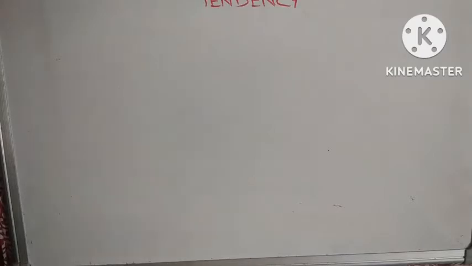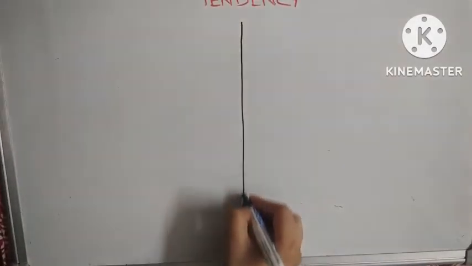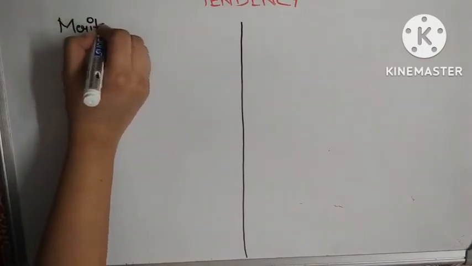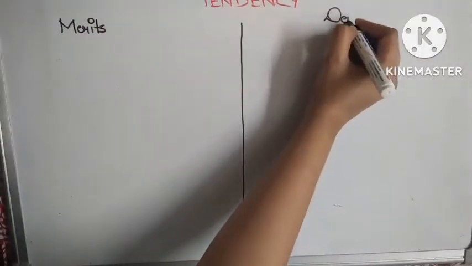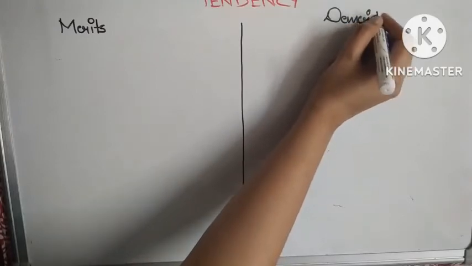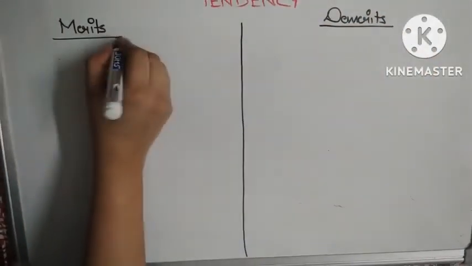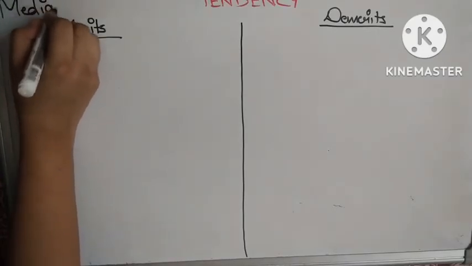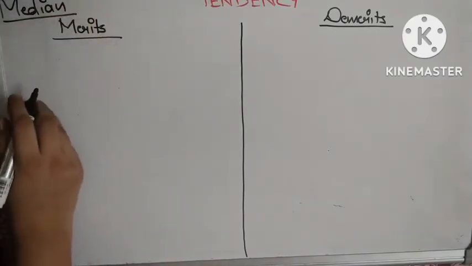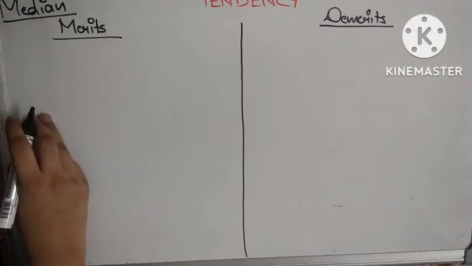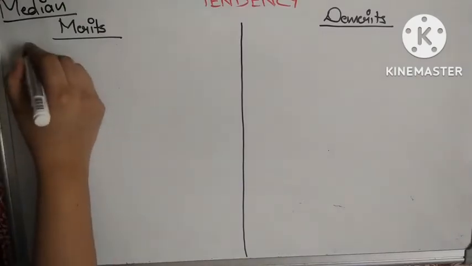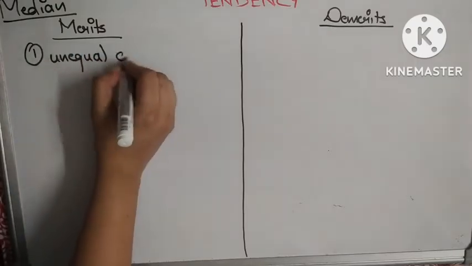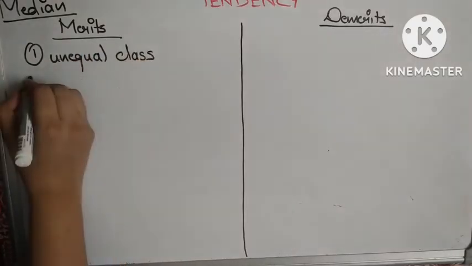So let me write here what are the merits and what are the demerits of having the median as a central tendency. Okay, so merits: it is useful in case of open-ended and unequal classes. So if you have unequal classes, then also you can use it.